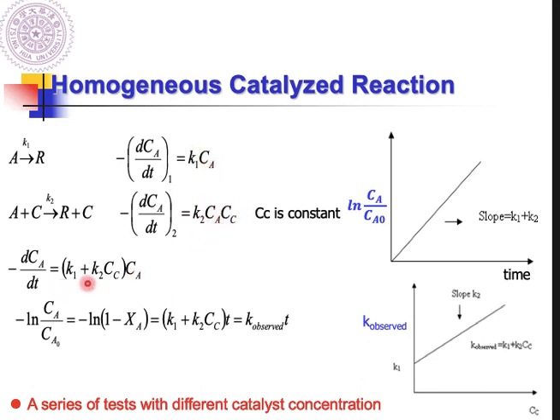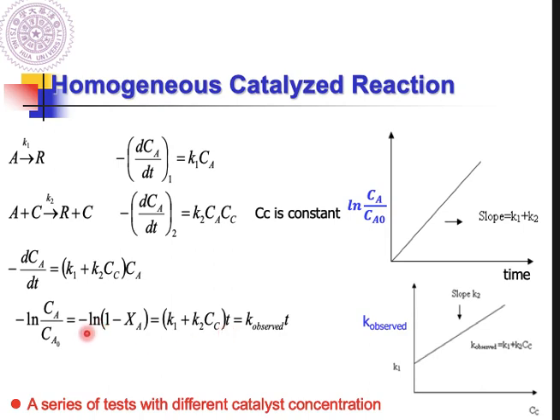So we get K1 plus K2 CC, where CC is the concentration of the catalyst. Next, I move CA to the left-hand side, dt to the right-hand side, and take the integral on both sides. So you get minus log CA divided by CA0 equals K1 plus K2 CC times t. This is the solution after the integral method.